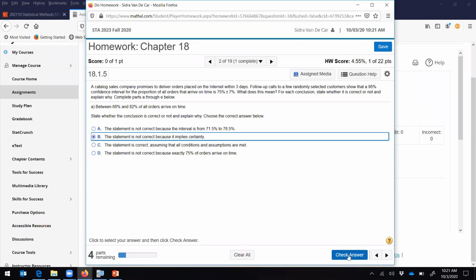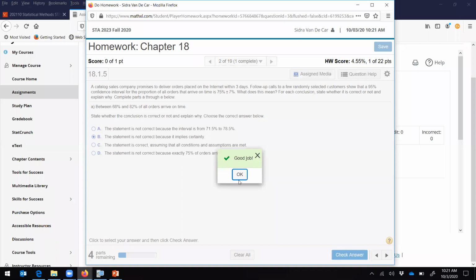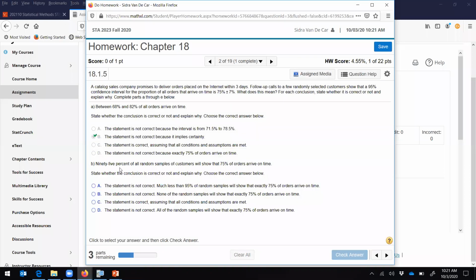We're saying that it goes exactly that amount, and that's not true. Next, 95% of all random samples of customers will show that 75% of orders arrive on time. No, we're 95% confident the actual mean is somewhere between 68 and 82. So no, this is not a correct statement.